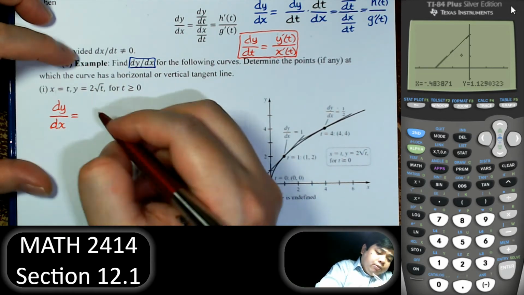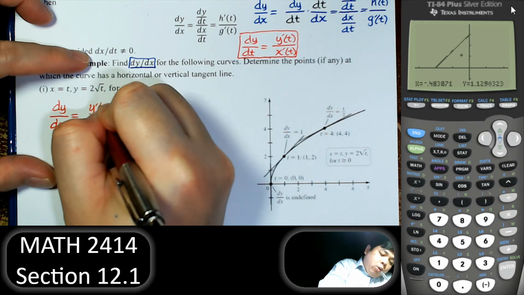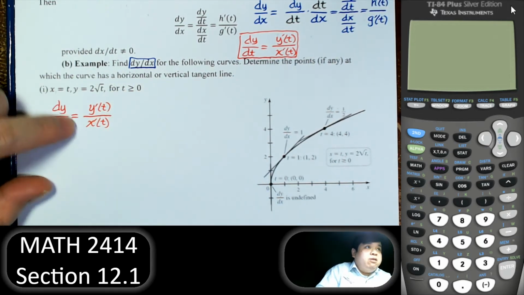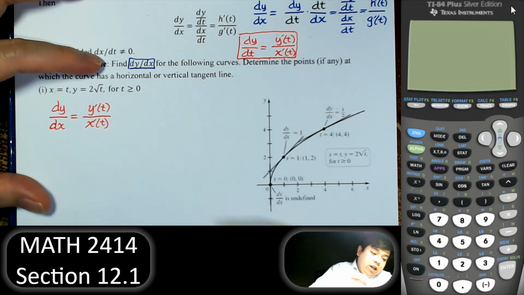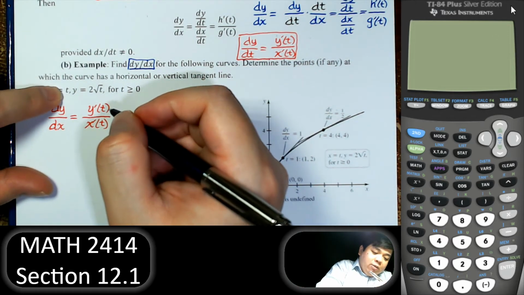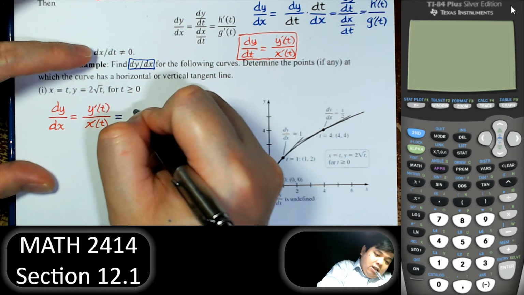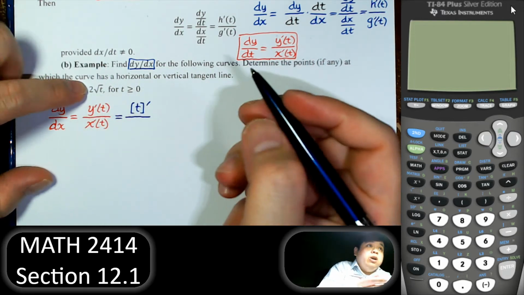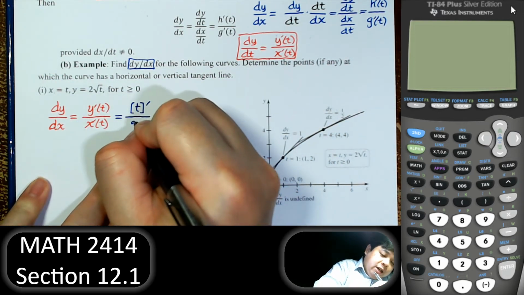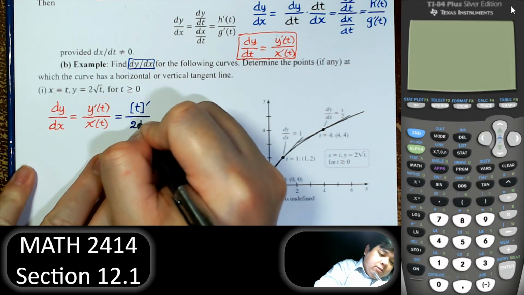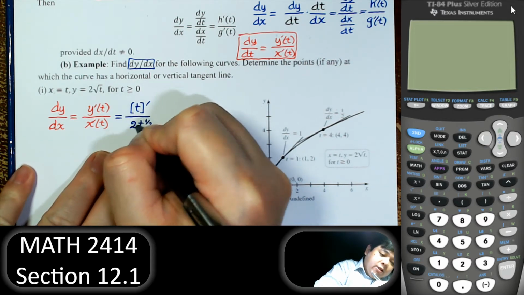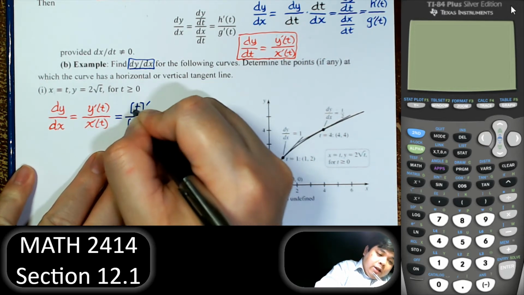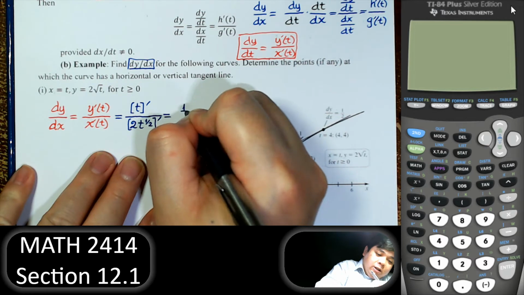So the derivative will be the derivative of y with respect to t over the derivative of x with respect to t, if we have t in the equation. So it's simple enough. Derivative of t over derivative of 2 square root of t. Square root of t, I can say t to the 1/2. Take the derivative. Derivative of t is 1.